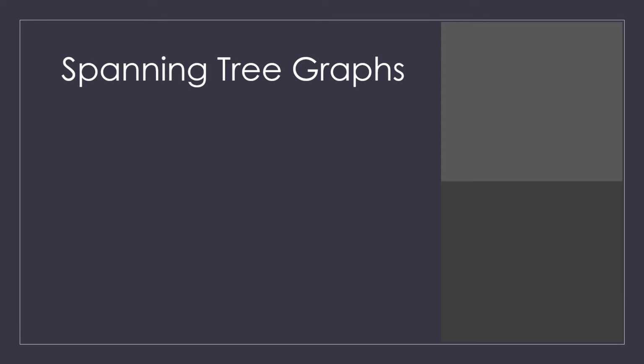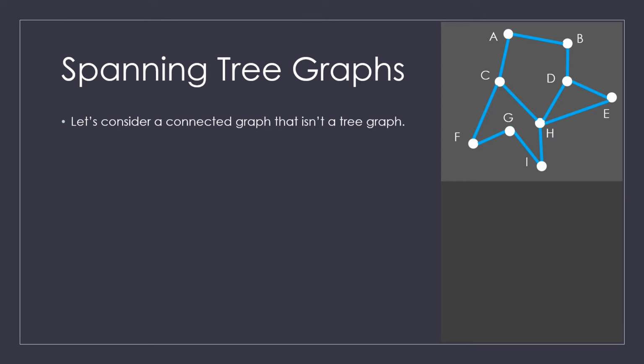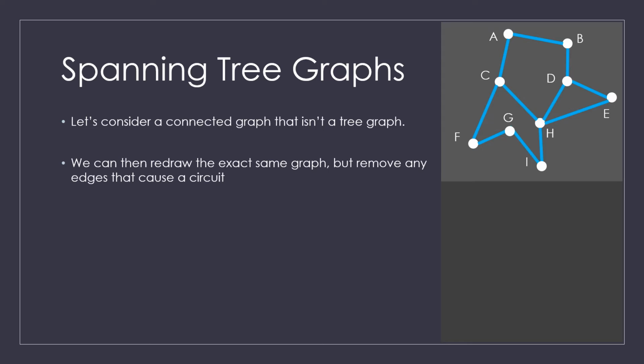Now, the thing we're talking about, however, is spanning tree graphs, which is a specific kind of tree graph. But in order to talk about it, we're going to have to talk about a not-tree graph, just a regular graph that is connected, but not a tree graph. In this case, you can see that this is definitely not a tree because we have several cycles. You can see, for example, DEHD, that little triangle over there, that is a circuit, which is against the rules. But we could redraw the exact same graph, but remove any edges that would have a circuit.